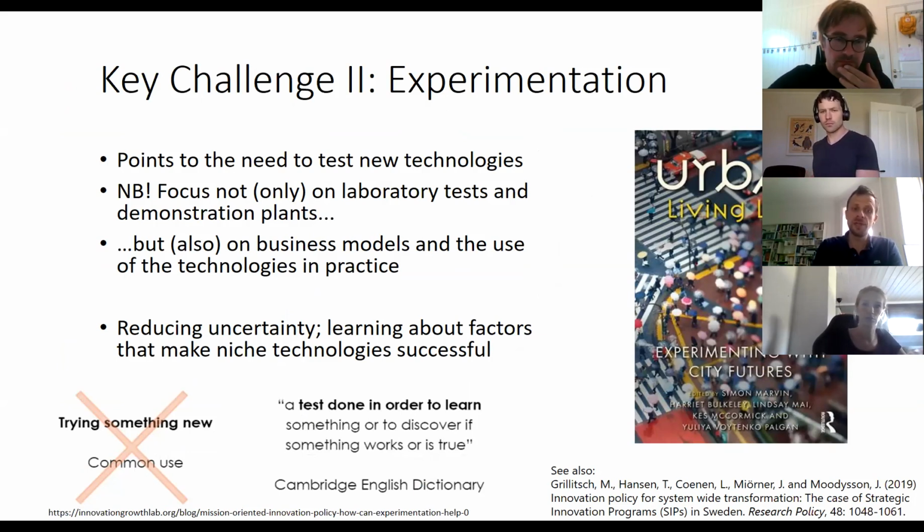So the point here is really about reducing uncertainty, learning about factors that make niche technologies successful. The term experimentation here is not used in the way that it's commonly used in the English language as just trying something new, but it's more systematic: a test done in order to learn something or to discover if something works or is true, as defined by the Cambridge English Dictionary.